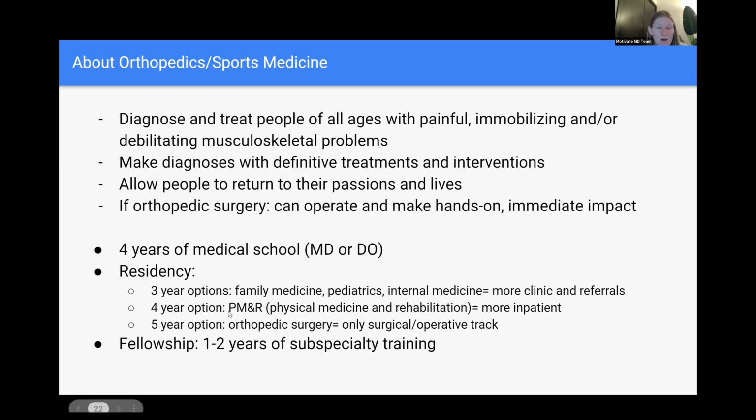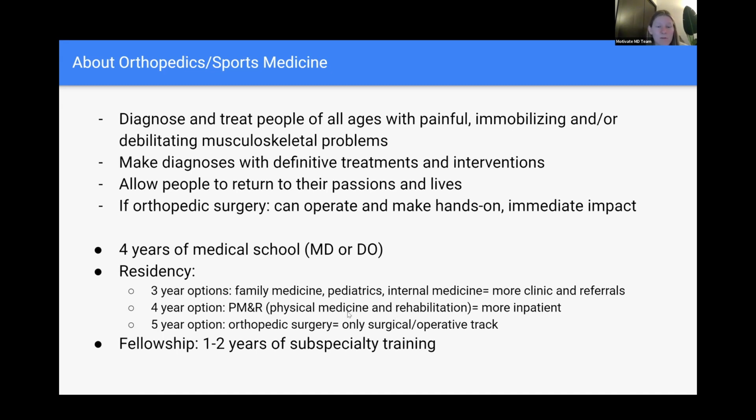Another option would be physical medicine and rehabilitation. This is something that a lot of people have never heard of before, and it's a 4-year-long residency that focuses not just on sports injuries, which is probably not a huge part of what they do, but especially on people who have car accidents or stroke victims, people who have life-altering bodily impairments with their musculoskeletal system, and they need intensive inpatient rehab or very intensive therapy.